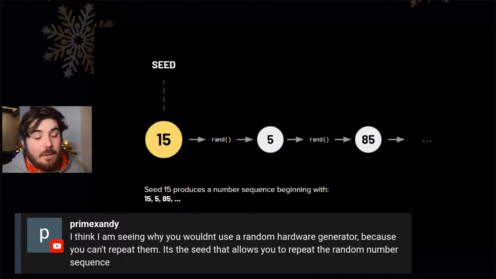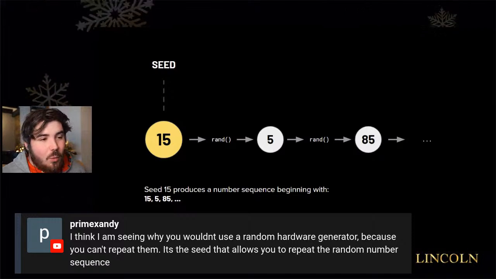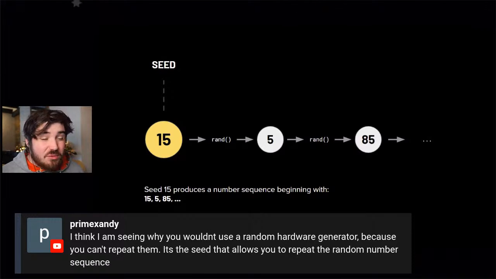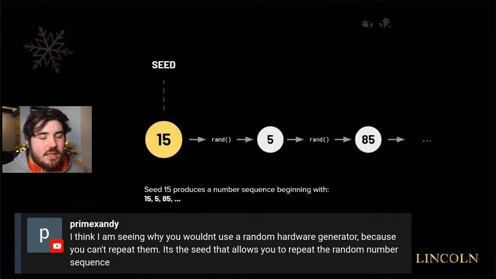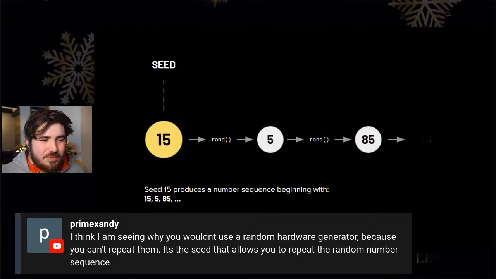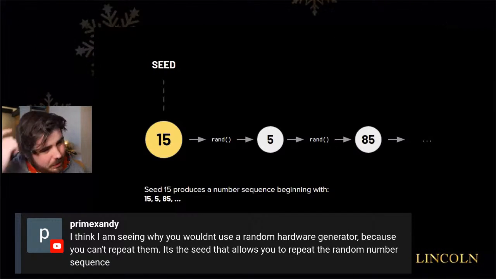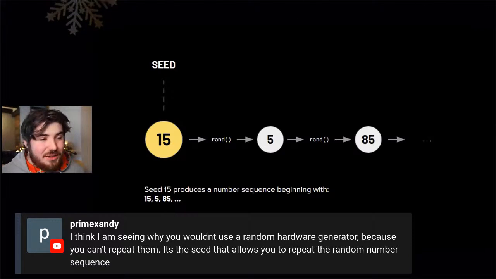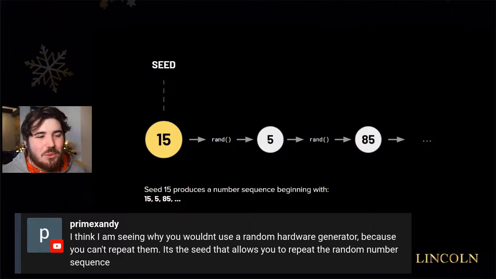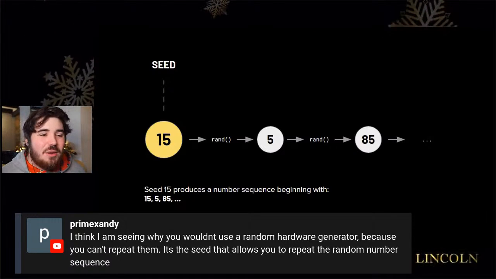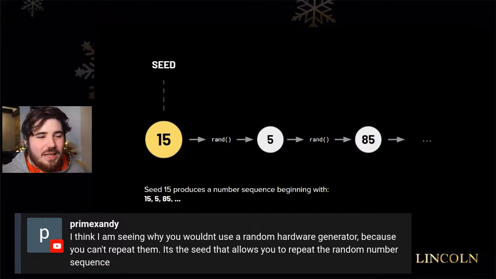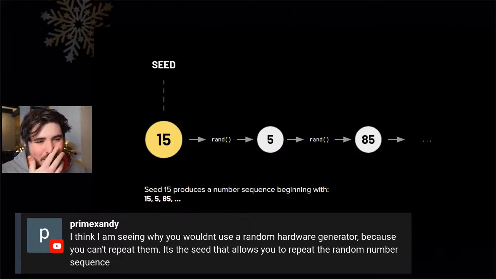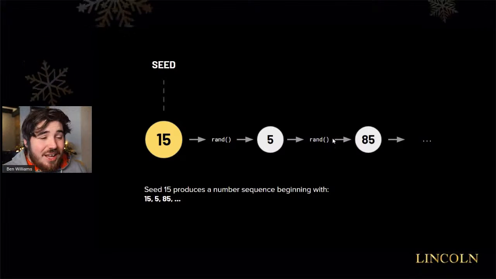For a given state X, we always get a Y. We can generate huge number sequences based on one seed, and that's really powerful for a bunch of different things, particularly in procedural content generation in video games. Sometimes you actually want to use that state determinism. You don't just want a completely random source all the time. You actually want something that has this kind of predictable thing to it.